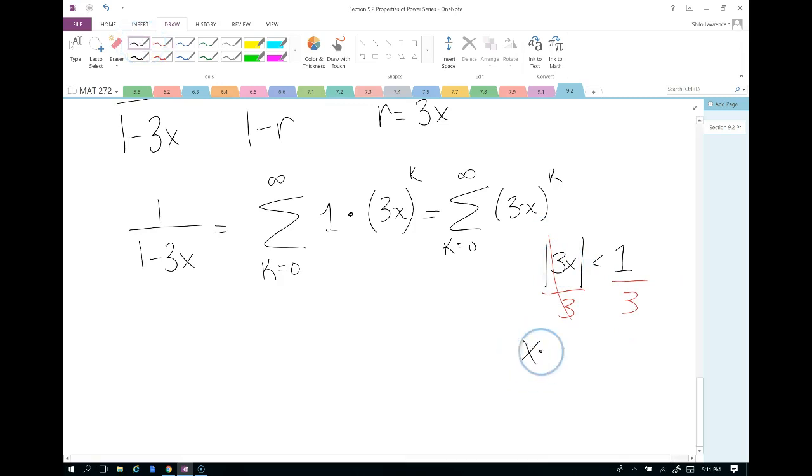And we get that the absolute value of x must be less than 1/3, which means we've got to stay between -1/3 and +1/3. So as we start introducing larger and larger coefficients there in front of our x, our interval of convergence here is going to narrow.